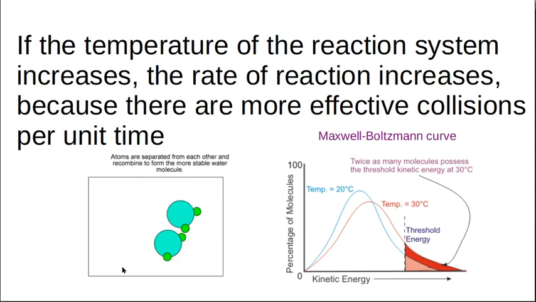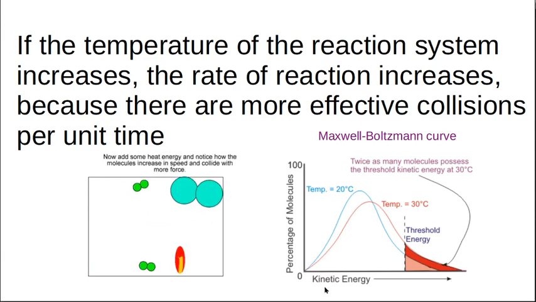Okay, they like to show this on these Maxwell-Boltzmann curves. So Maxwell-Boltzmann curves, if you look over here, there's the number of molecules or the percentage of molecules or whatever, and their energy.